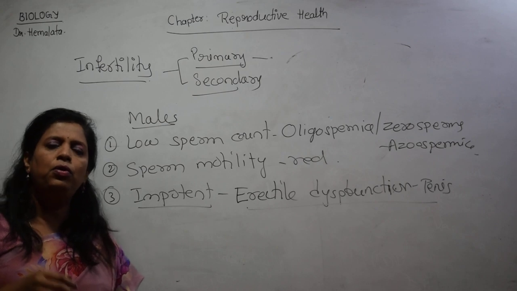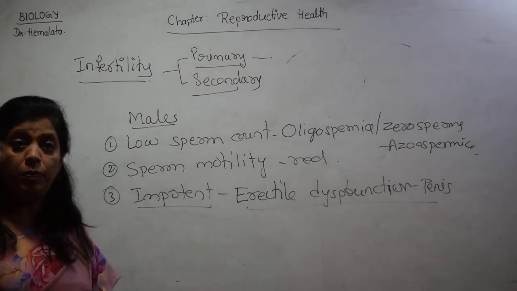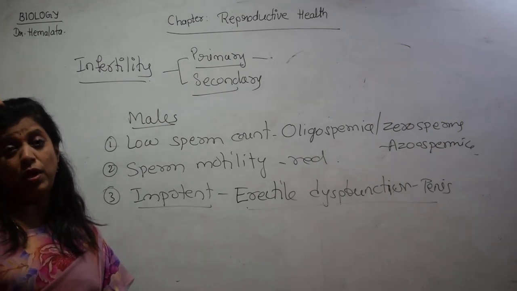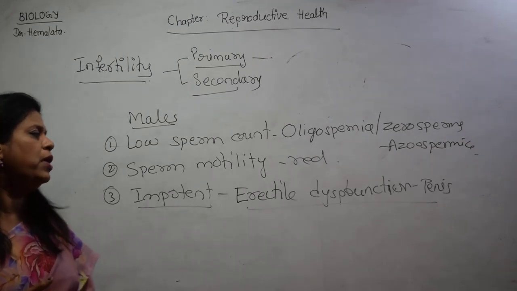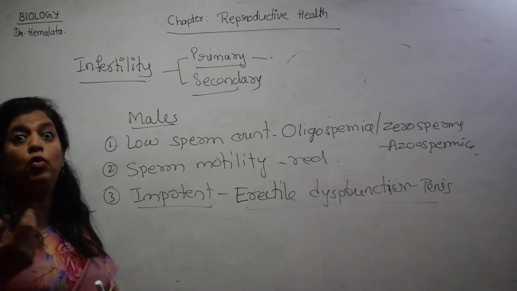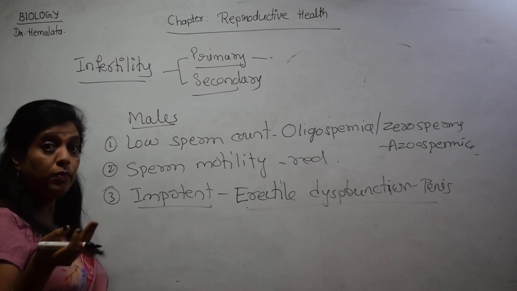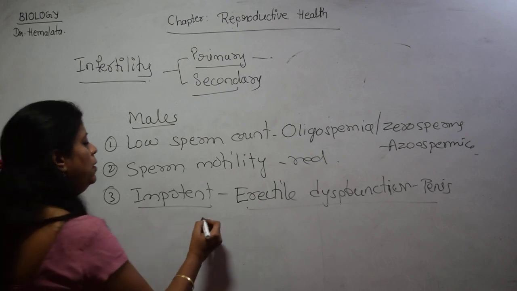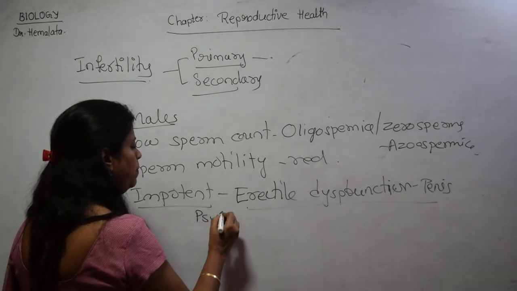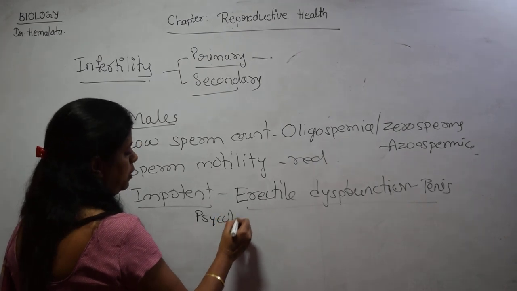Normally in men during sexual intercourse, erection of the penis should happen. If that is not happening, that is going to cause impotency. So erection will not happen because of so many reasons, right? Overaged, psychological, depressed, most of them think that it is psychological. This is mainly psychological, but not always psychological.